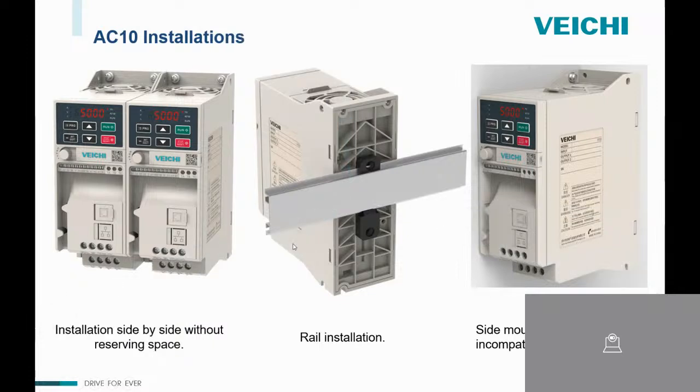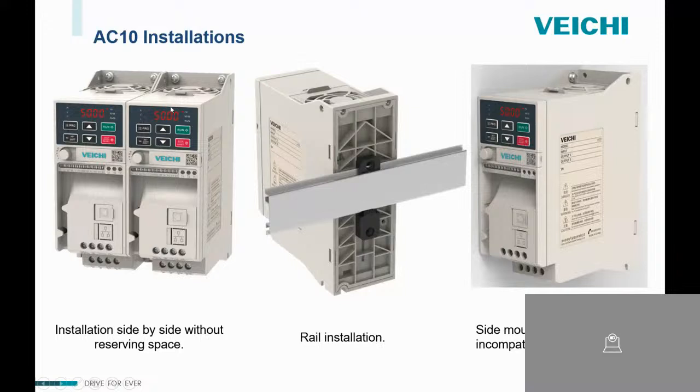So now let me introduce AC10 installation. For the AC10 series VFD, you can install it in different ways. You can install side by side without reserving any space, because our AC10 series fan is located on the top, so you do not need to reserve any space.